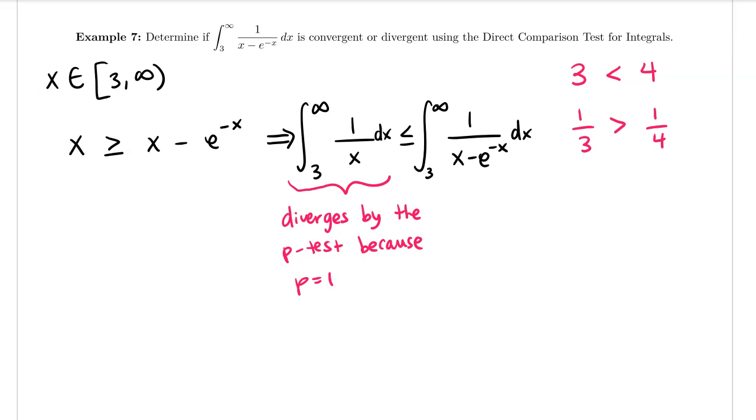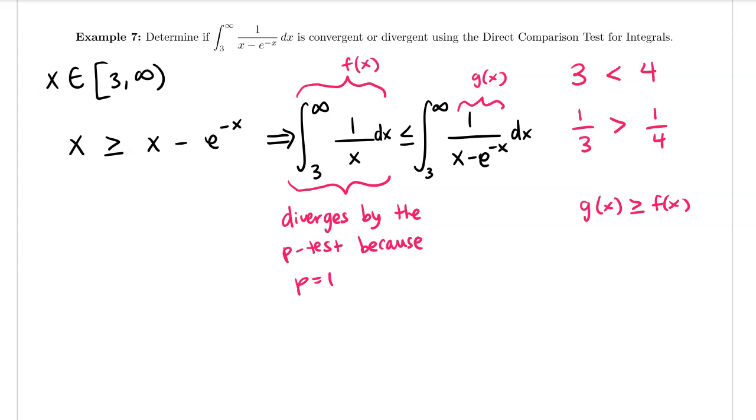So if we went back to our picture, we could call 1 over x f of x, and then we'd call this thing g of x, where g of x is greater than or equal to f of x. So since our smaller function diverges, then the larger function also has to diverge.